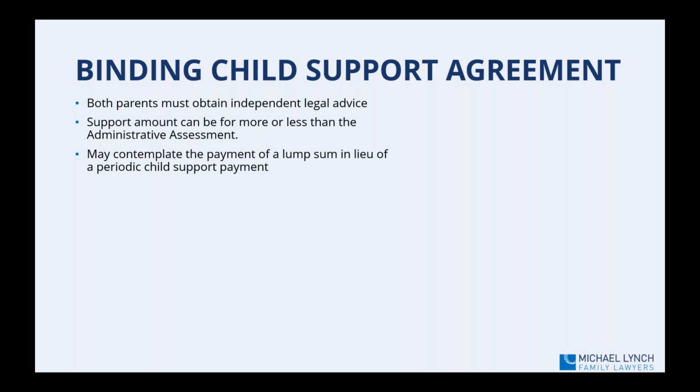The certificate is then attached to the agreement, and that's an important step because that makes it binding. The agreement can be more or less than the amount of the child support assessment, or what would have been required to be paid under the assessment. And it also must contain formal requirements in terms of addressing under the Assessment Act.